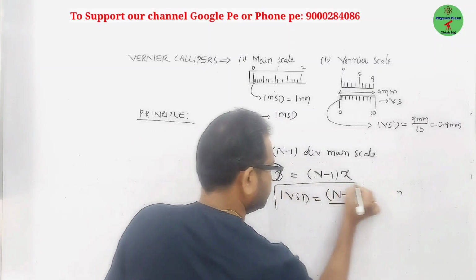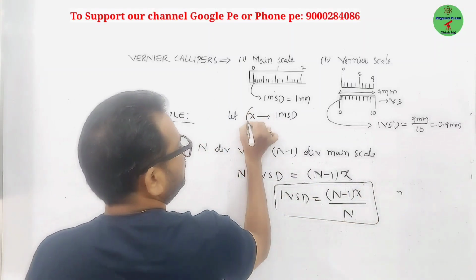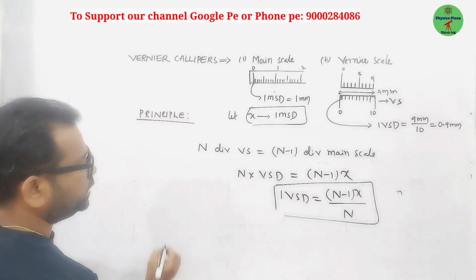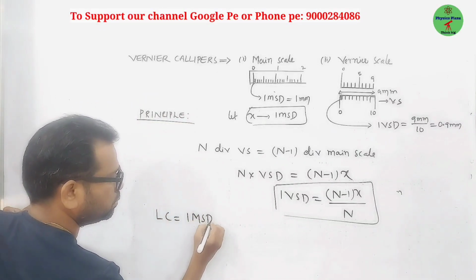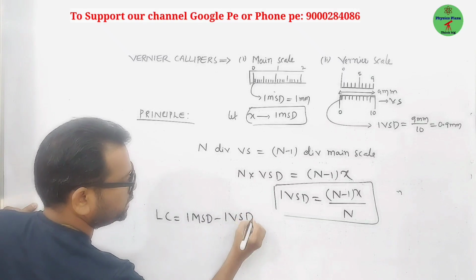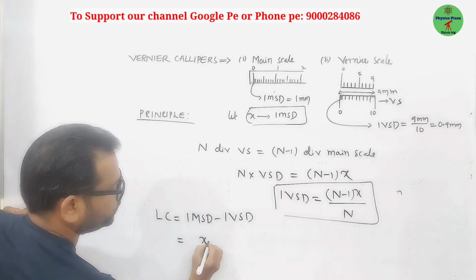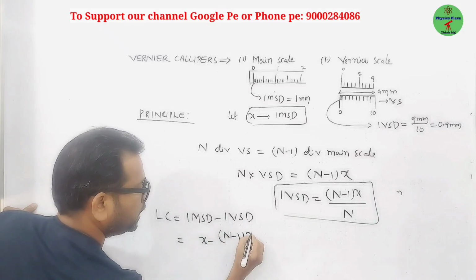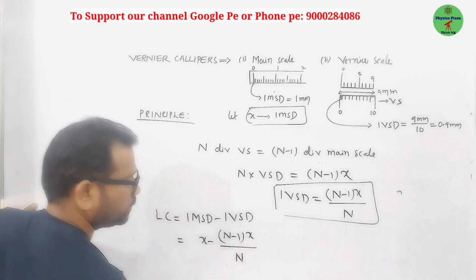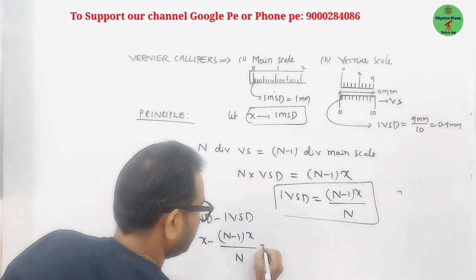So this is one VSD, and 1 MSD is equal to x. Least count is equal to 1 MSD minus 1 VSD. So MSD is x, and VSD is n minus 1 into x by n. Now simplify this.